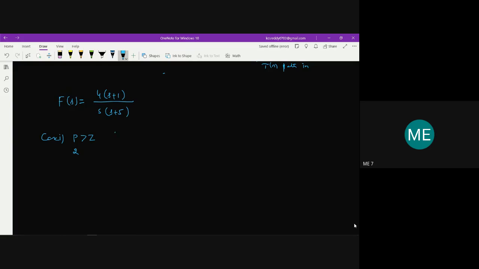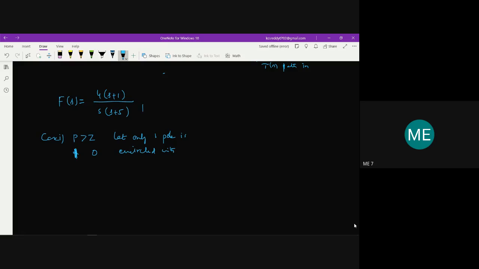Here, let only one pole be encircled, and no zeros are encircled. So here p is equal to 1 and z will become 0.